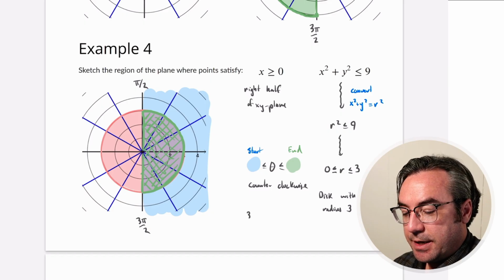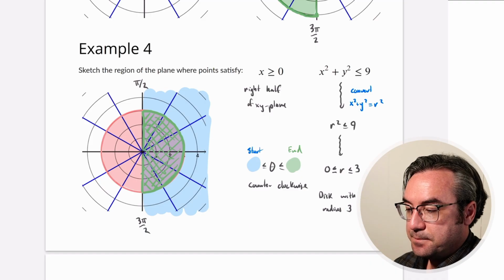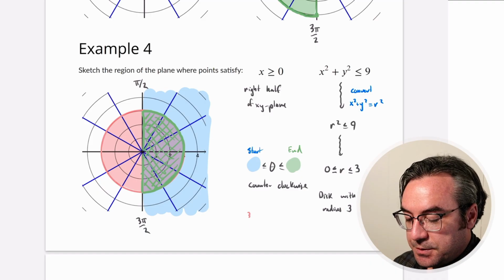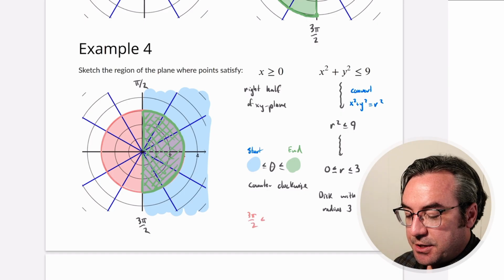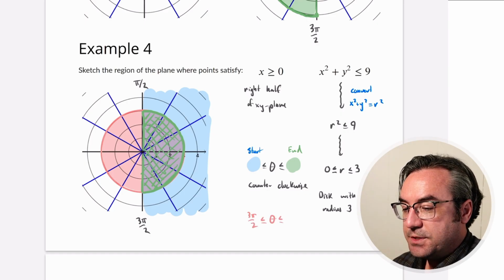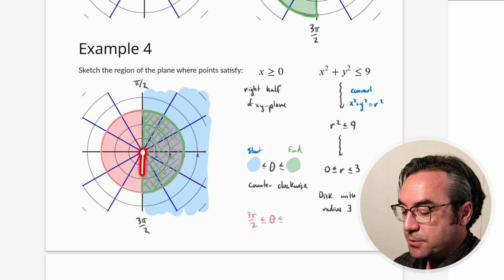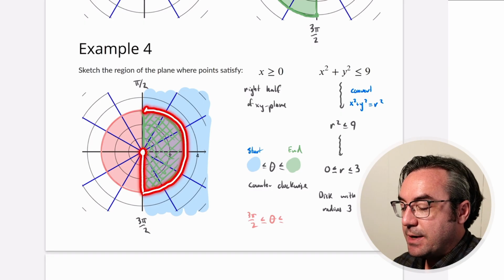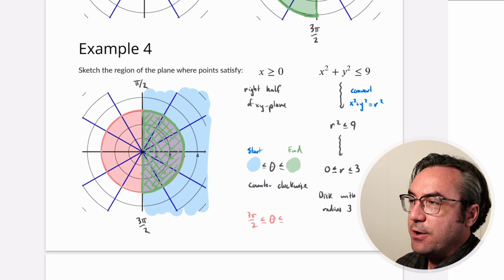So let's see what that would look like. If 3 pi over 2 is going to be our starting angle, what's our ending angle? We're starting at 3 pi over 2, and then we're going to rotate counterclockwise around, and then we're going to end up at pi over 2.